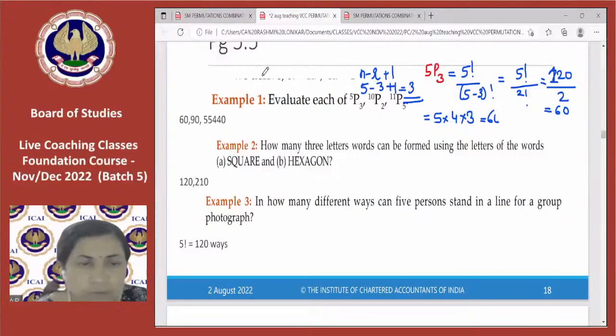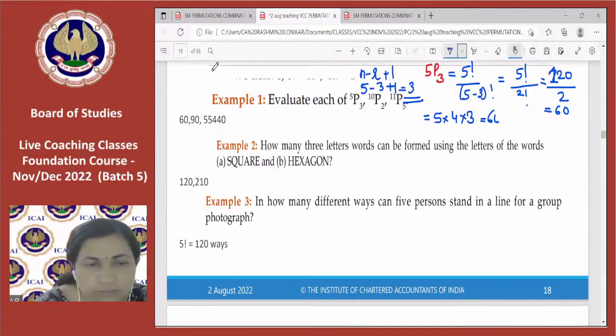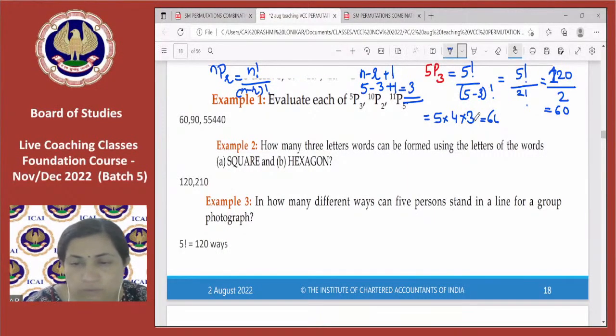Which formulas have we used? First we have used nPr is equal to n factorial upon n minus r factorial. The other formula we have used is n into n minus 1 into n minus 2 up to n minus r plus 1.